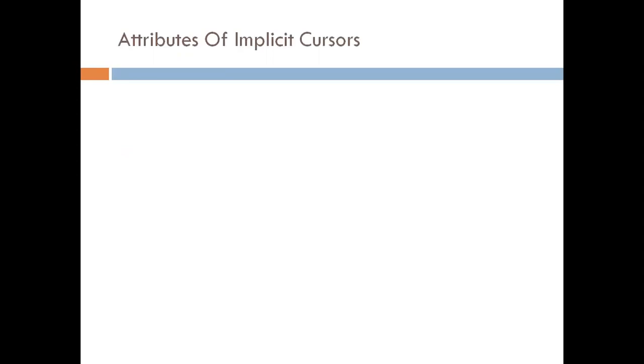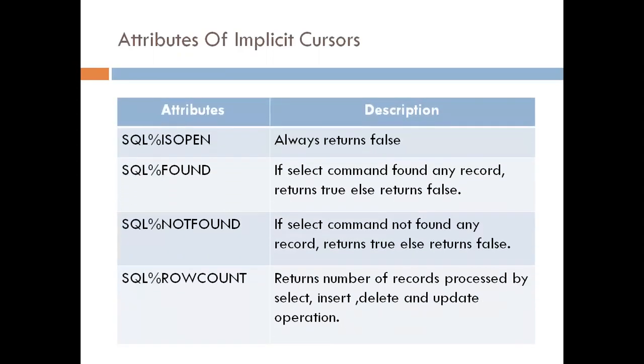Now, attributes of implicit cursor. So mainly we are using 4 attributes: is open, found, not found, and row count. If suppose you are using implicit cursor, then you have to add SQL keyword before the attribute.